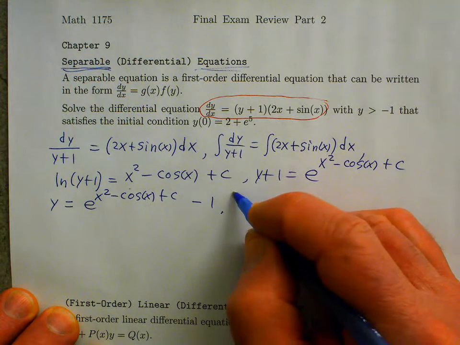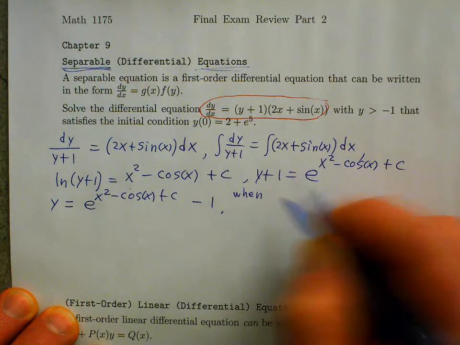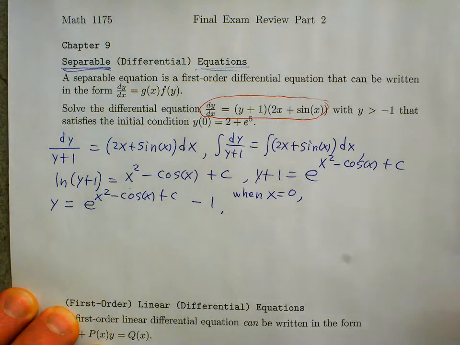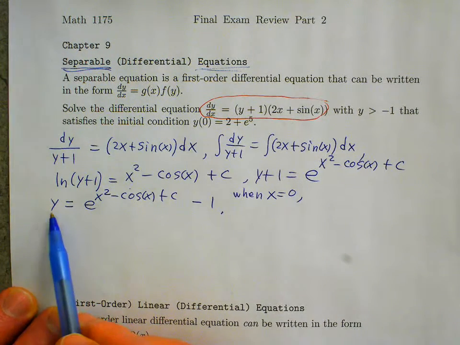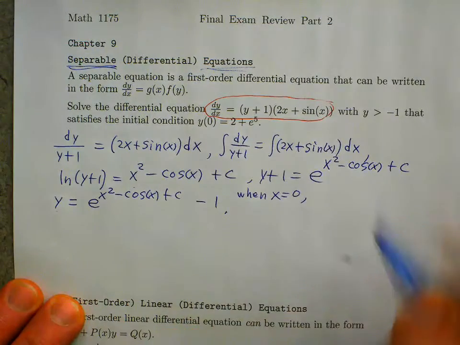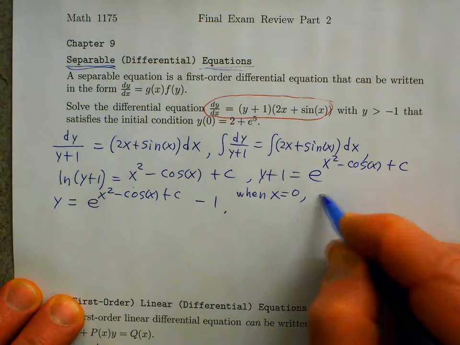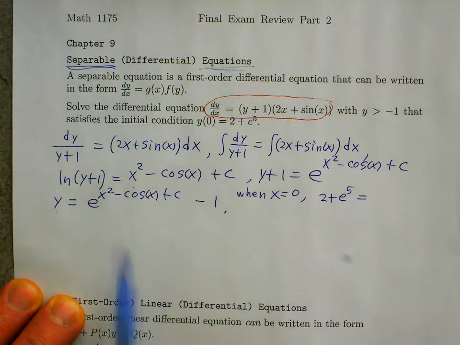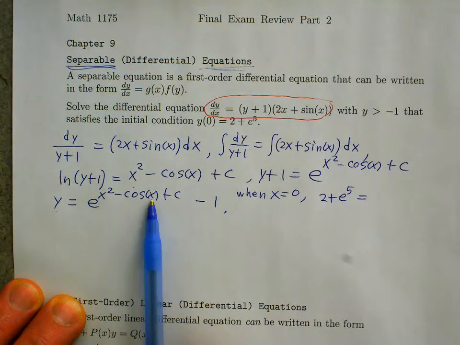Okay, so in other words, when x equals 0, the left-hand side y will be 2 plus e to the 5th. And then on the right-hand side, we replace every x with 0.